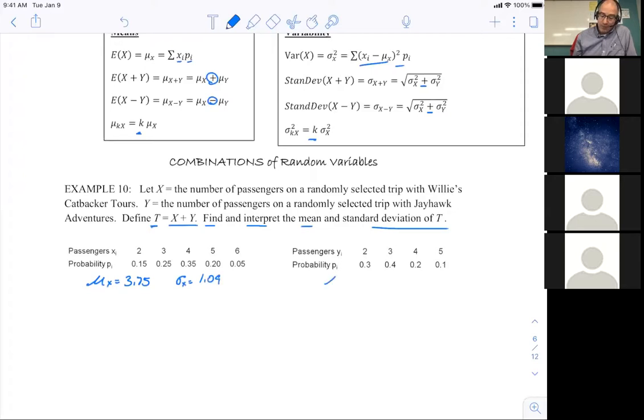Over here, the mean of Y turns out to be 3.1, and the standard deviation of Y turns out to be 0.943. They want us to find the mean of T, which is going to be the mean of X plus the mean of Y. So the mean of X was 3.75, the mean of Y was 3.1, so we end up getting 6.85 passengers.